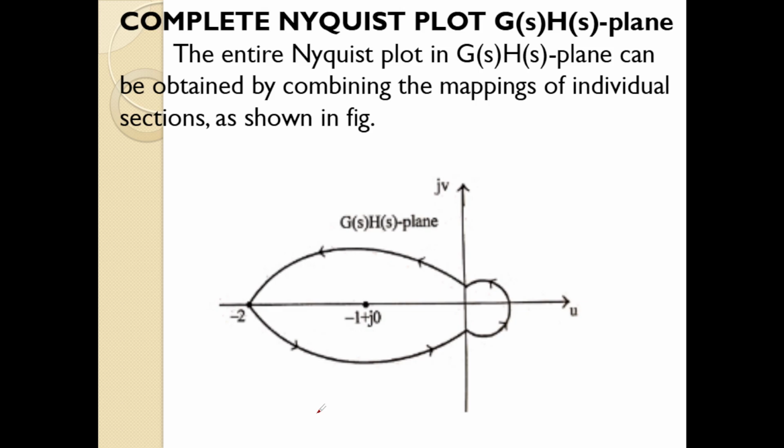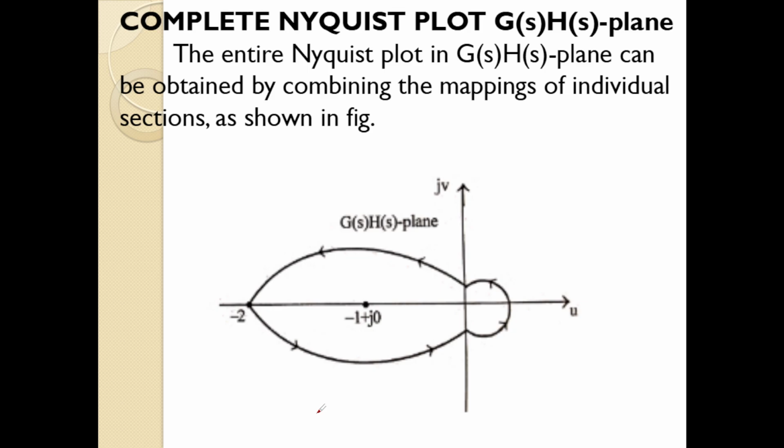So there will be one pole on the right half of the S plane. So the open loop system is unstable, but the closed loop system will be stable. The closed loop system will be stable, but this open loop system will be unstable, since one pole is lying on the right half of the S plane.